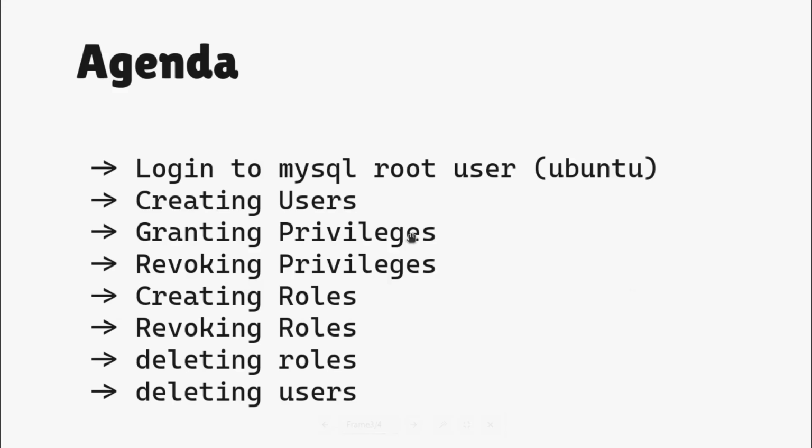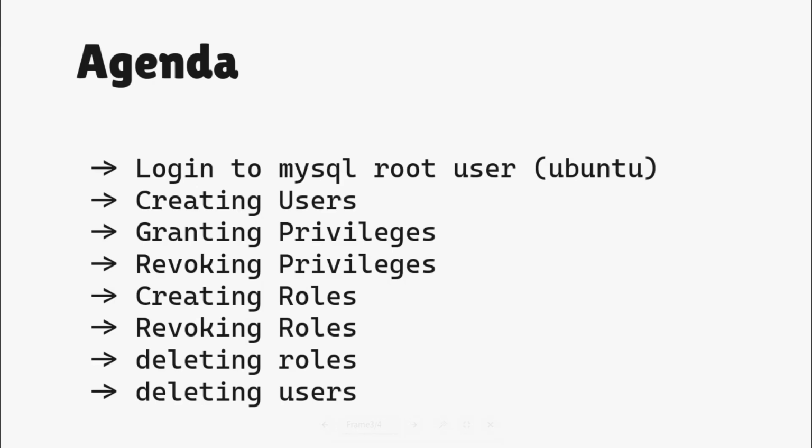Now let us explore how to create roles, how to assign a role to a particular user, how to revoke roles, and at last how to delete roles. Roles are useful in scenarios when we have multiple users in our database and they share a similar set of privileges. For example, we can create a role read only and assign only read only privileges to that role.